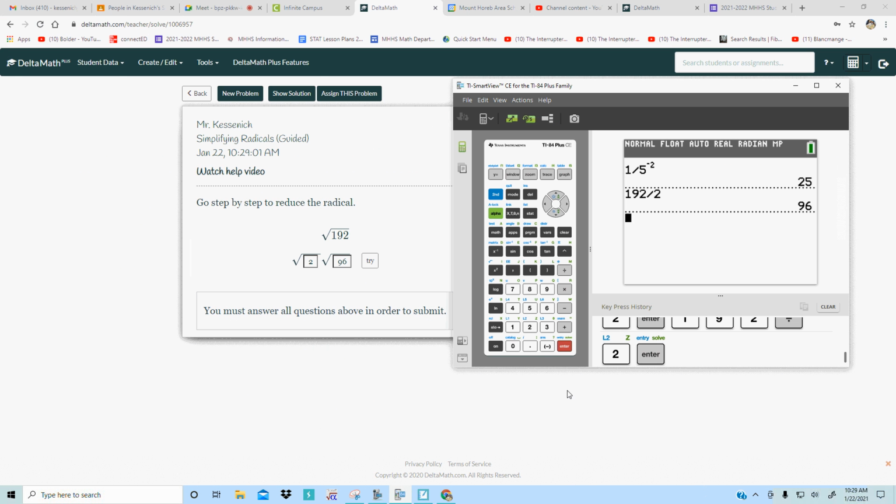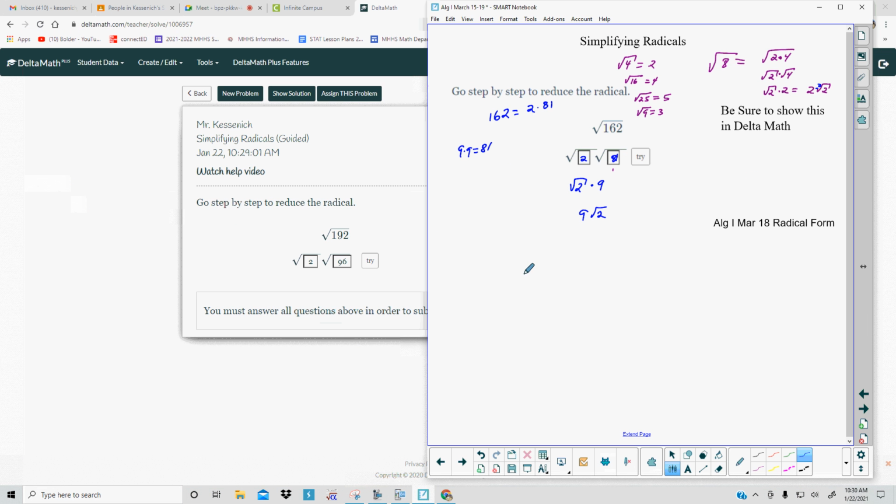How about 192 divided by 4? Because 4 would work, wouldn't it? Yep. Okay. But 48. Won't 4 go into 48 again? So 4 times 48 is the 192.